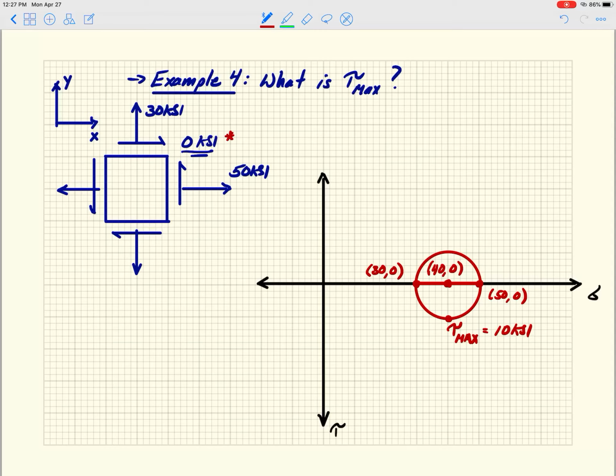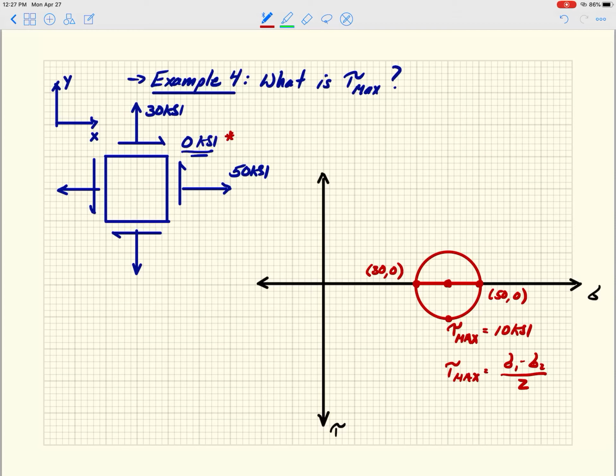You can sort of see it and identify that is just graphically that has to be the maximum shear stress, or you can calculate it by tau max equals sigma 1 minus sigma 2 divided by 2. Right?